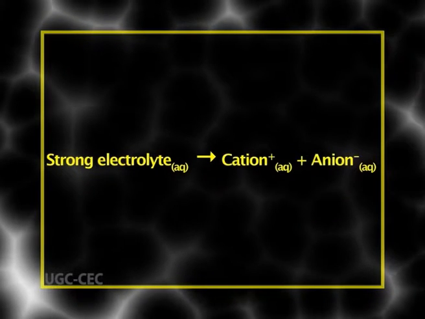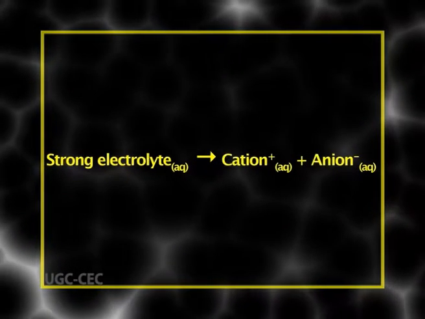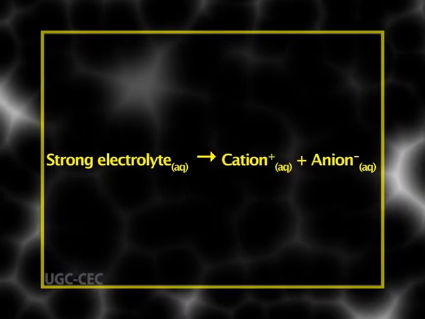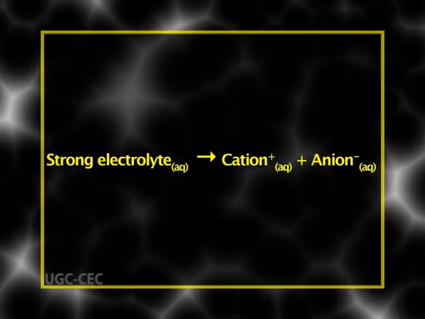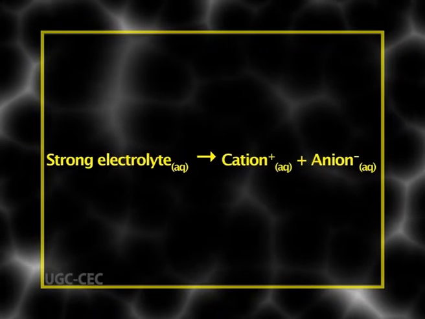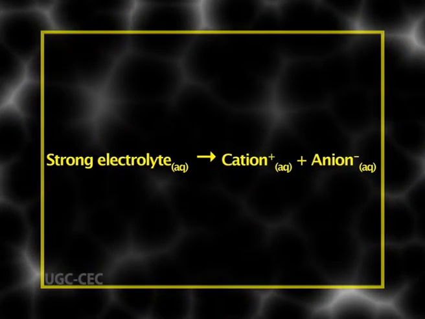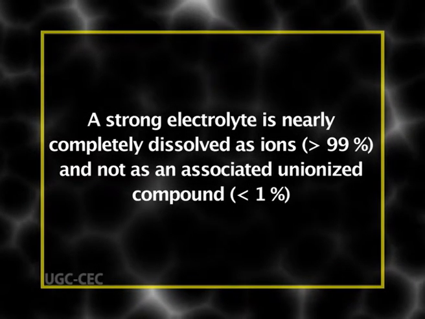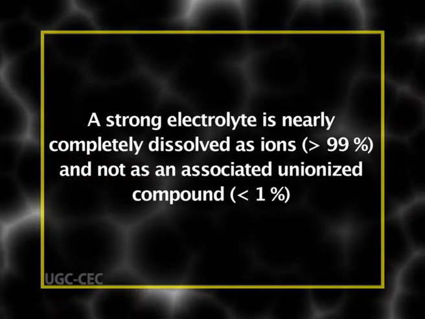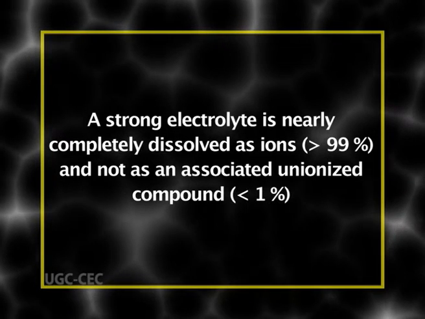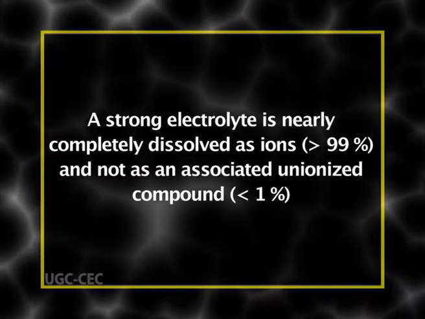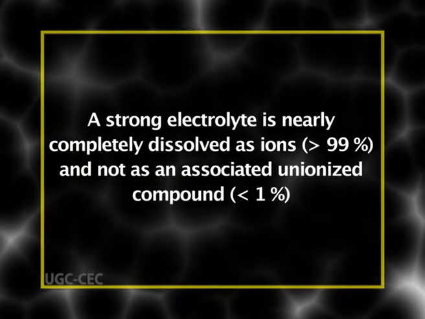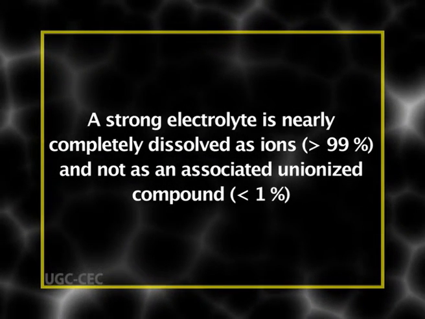As per the chemical equation, a strong electrolyte in its aqueous form gives cations, which are positively charged, and anions, which are negatively charged, in their aqueous form. A strong electrolyte is nearly completely dissolved as ions. More than 99% of it is dissolved in the ionic form and not as an associated unionized compound, which is less than 1%.